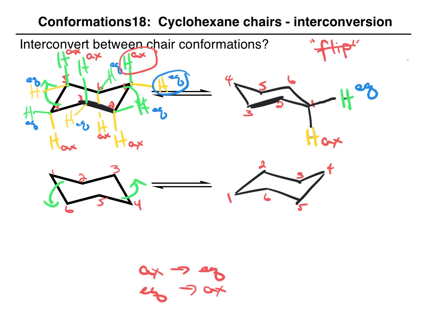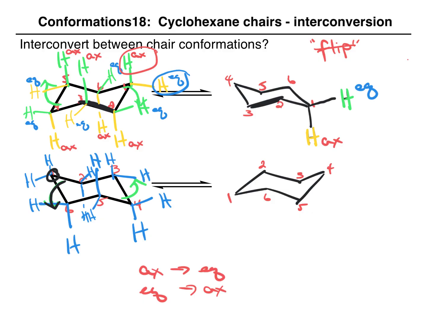Okay, I'm going to stop doing quite so many colors, but let's fill in the details on the bottom one. So here is a hydrogen straight up and straight down, straight up, straight down, straight up, and straight down. And then here we have our equatorial, equatorial, equatorial, equatorial, equatorial, and equatorial. Focusing on carbon 1, this folds down so that this is now carbon 1.